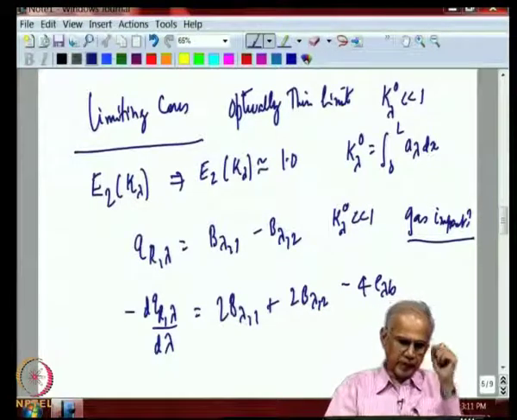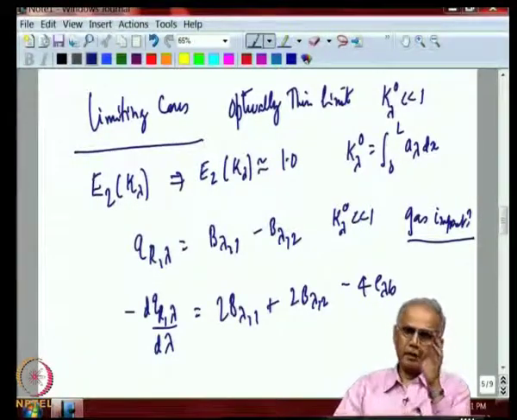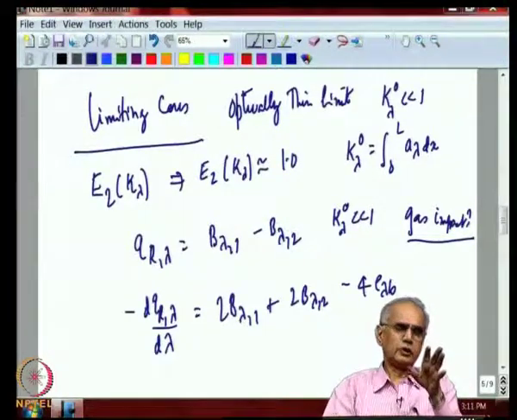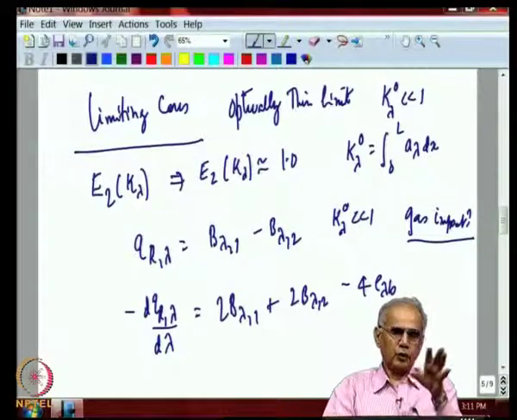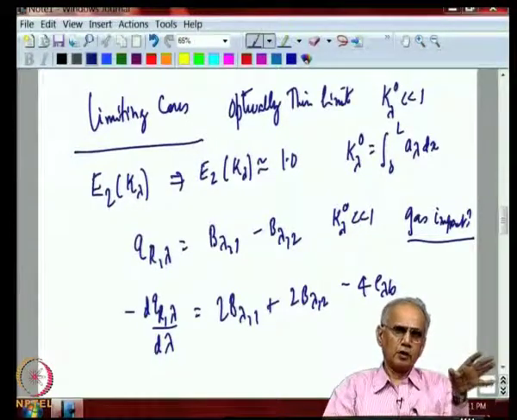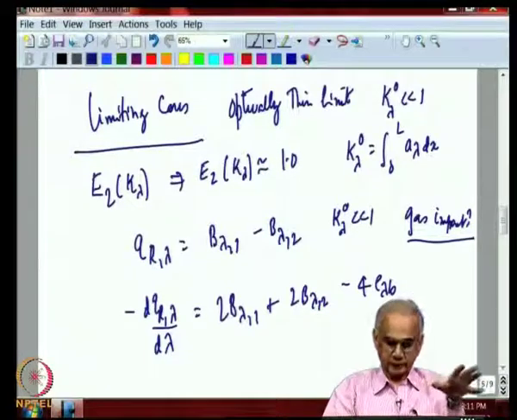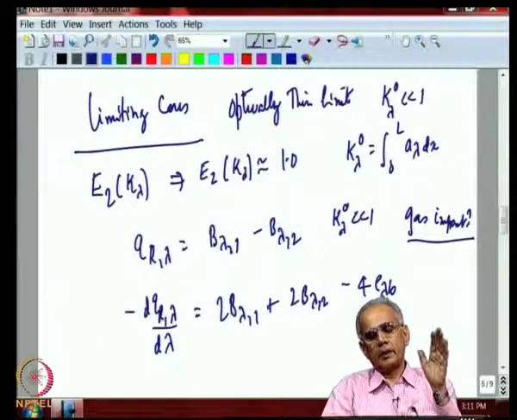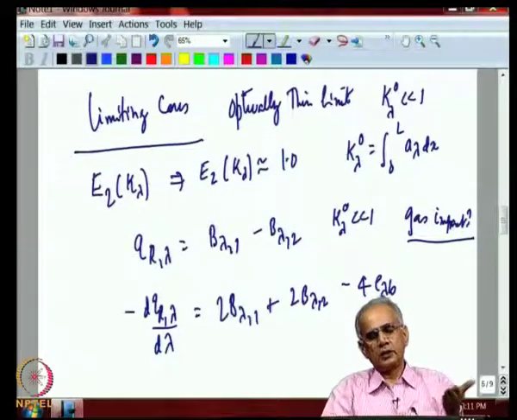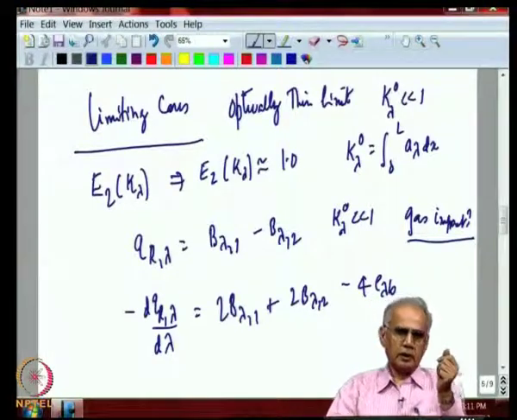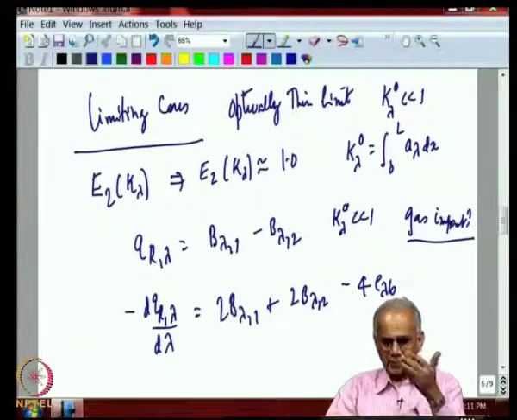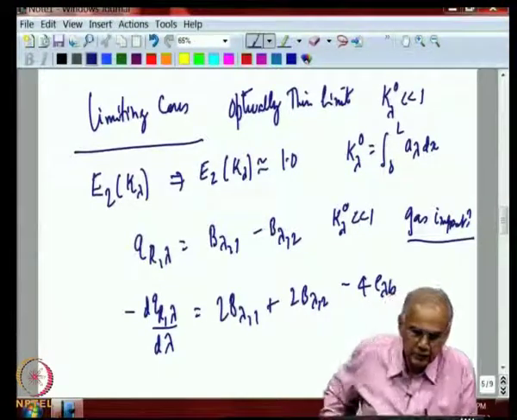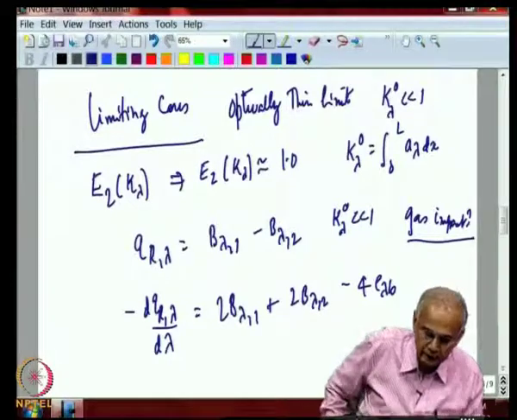So, all you must remember is that ultimately whether you really take into account radiation or not depends upon the importance of radiation vis-a-vis other modes of energy transfer, that is conduction and convection. So, when we took the thin limit and looked at the derivative, those may have been small if the gas is awfully thin, but we must compare this radiative flux with that due to conduction and convection.